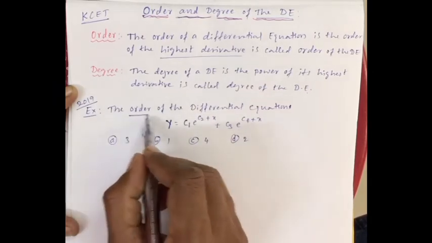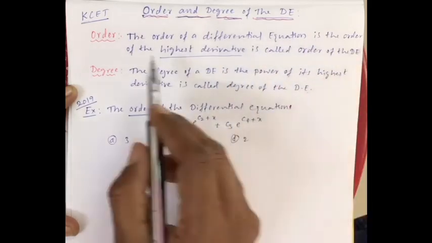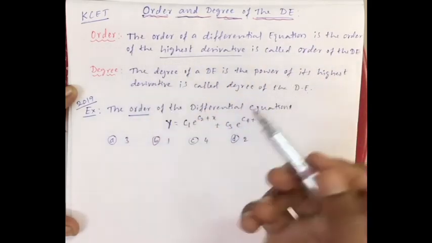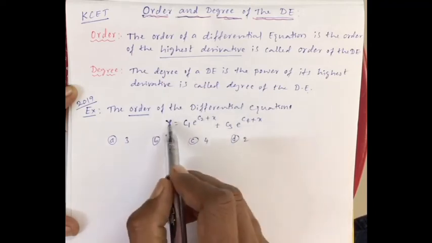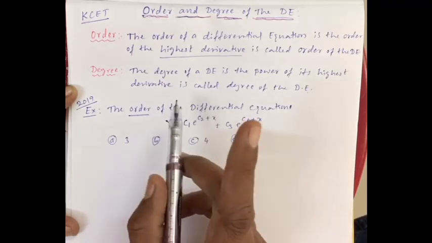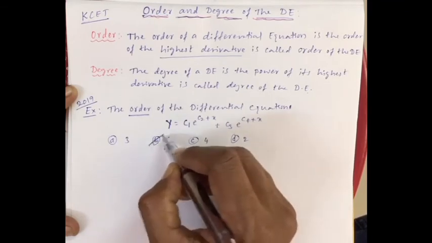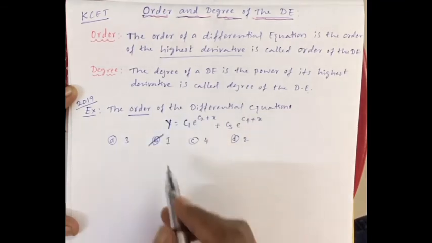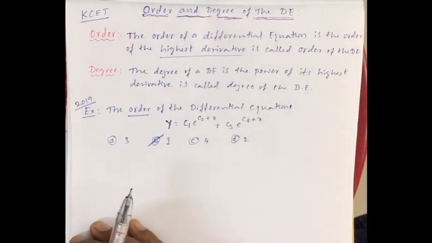To find the order, it is the order of the highest derivative. There is no derivative shown here, but you should understand that the derivative of y is 1. That's why the order of the differential equation is 1. So the option is B. You have to follow the definition, that's it.